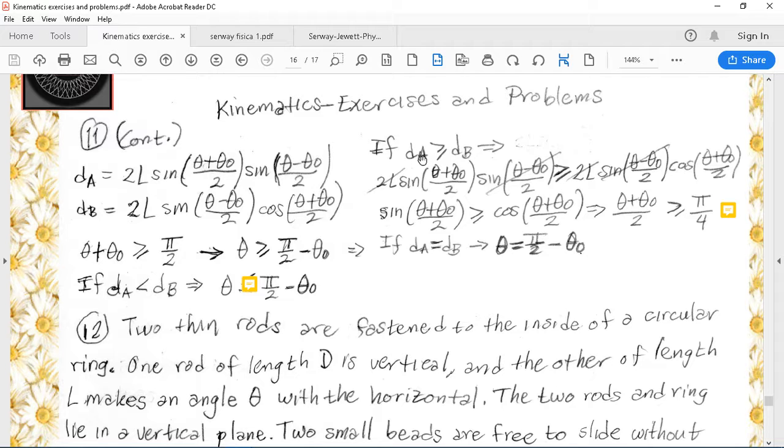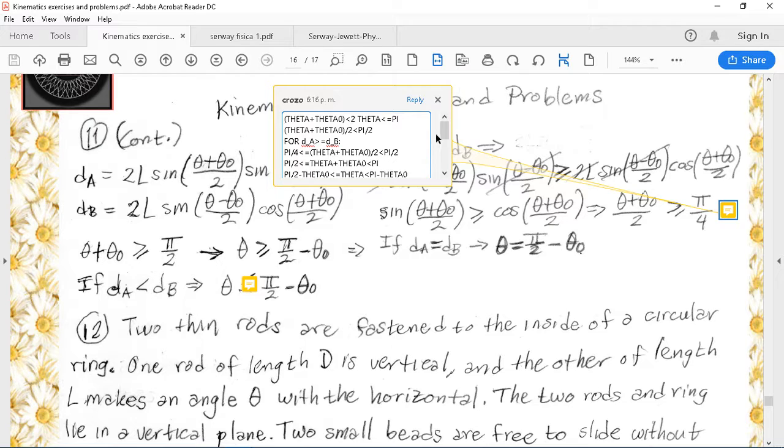So if dA is greater than or equal to dB, sine of (theta plus theta 0)/2 is greater than or equal to cosine of (theta plus theta 0)/2, which means that (theta plus theta 0)/2 is greater than or equal to pi fourths.